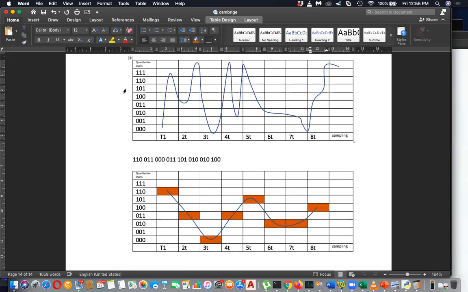You will get a signal which is closer to this one, not the exact one again, but at least closer to the original signal. Otherwise, if you take a very small sampling rate, that will definitely damage the original signal.